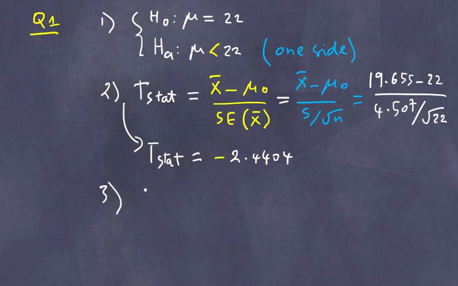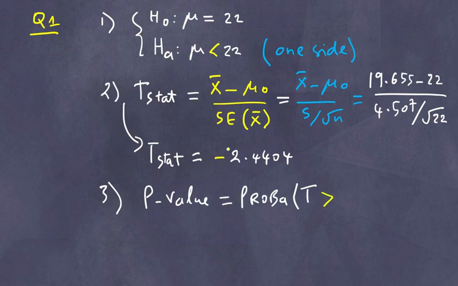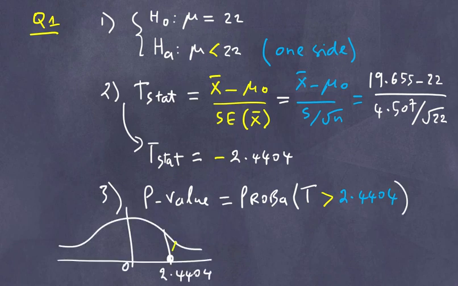Now, in step 3, we find the p-value, the probability that t is greater than the absolute value of t-stat. Right? T-stat is negative 2.4404. The absolute value is 2.4404, about 2.44, and this is your p-value.